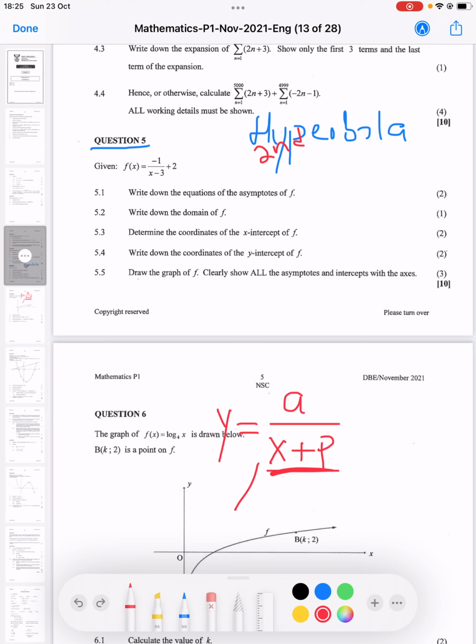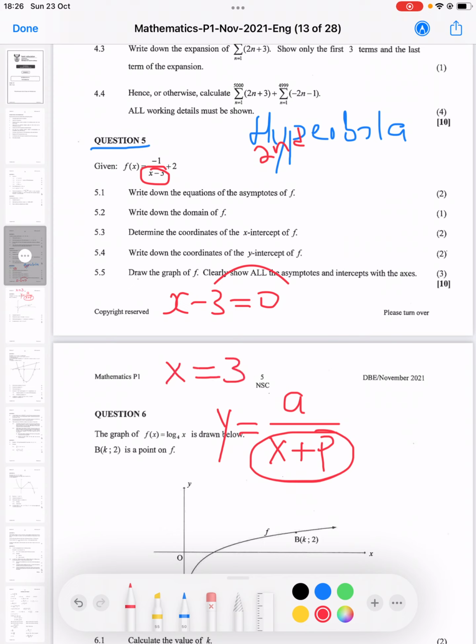What you would do is to take this thing exactly as it is, so in this case you would take it as x minus 3, equate it to 0, then transpose and solve for x, and your x is equal to positive 3. So that positive 3 is actually your vertical asymptote. You have 1, 2, 3. So this is where you are having your vertical asymptote, where x is equal to 3.